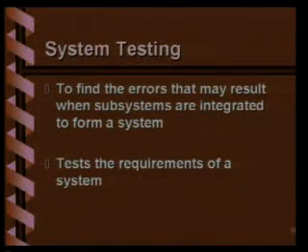In system testing, what we basically do is try to find the errors that may result when subsystems are integrated to form a system. So we are integrating the modules and forming a system, and we need to test the requirements of the system, whether the requirements of the overall system are being met or not. After that, we finally do the acceptance testing.